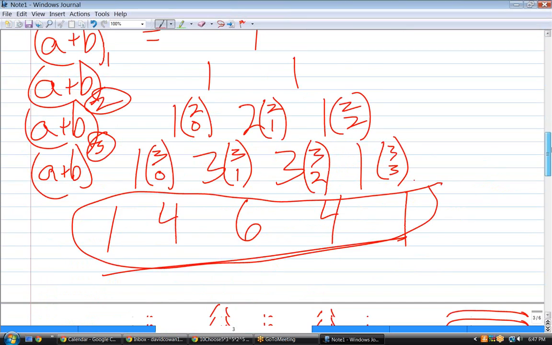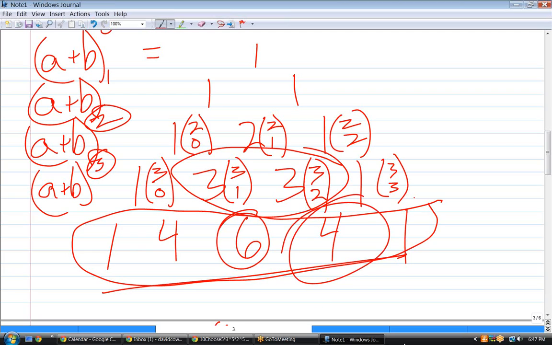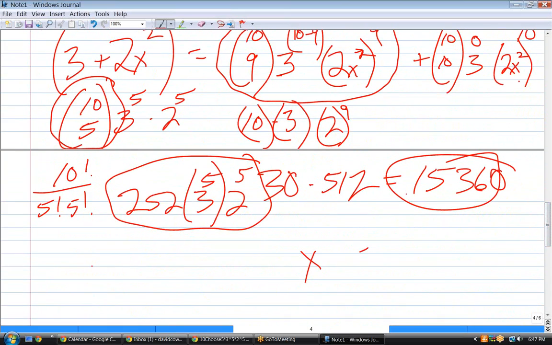In this one, they wanted the 10th term, which is the second to last term. And the result that you gave me would indicate that they're looking in the middle, because if it's 10 choose 5, that's the 6th term.